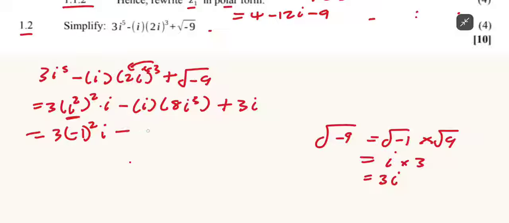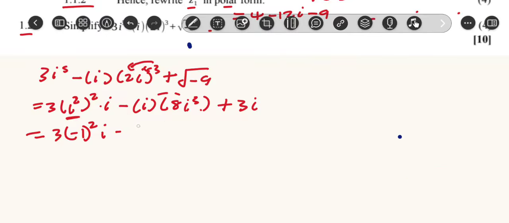And then we have minus. Let's multiply this: it will be i raised to the power of 4. So multiplying that, it will be 8 i raised to the power of 4, plus 3i. All right, that is what we have so far.